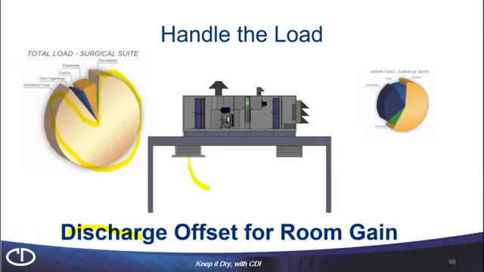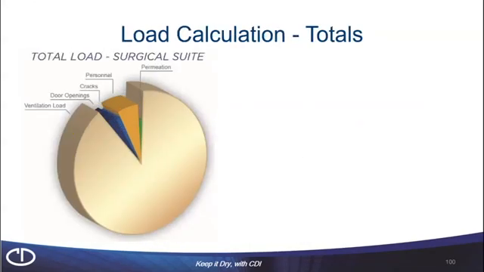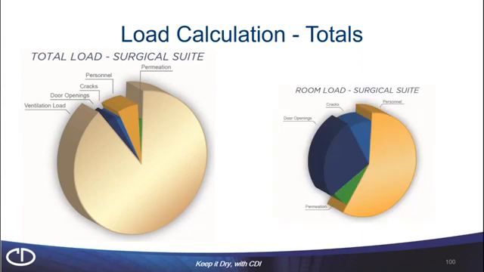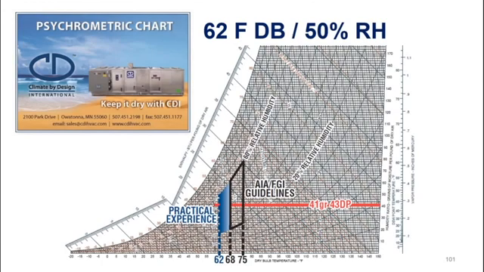So we again are going to discharge the air condition that we need to allow for the room gain. Here's the load, total load. Here is the room load. So you can see in this application that the room load is not a very big piece of it.